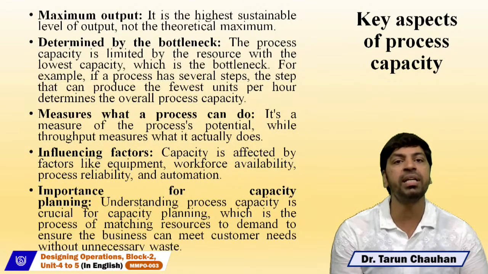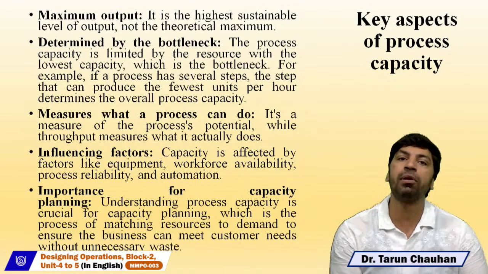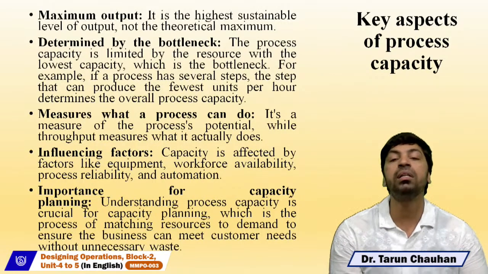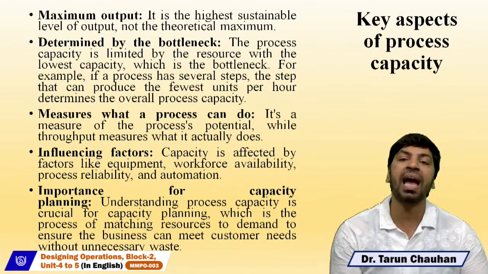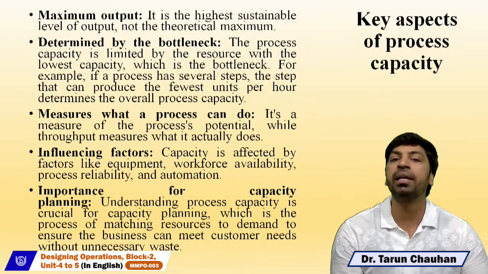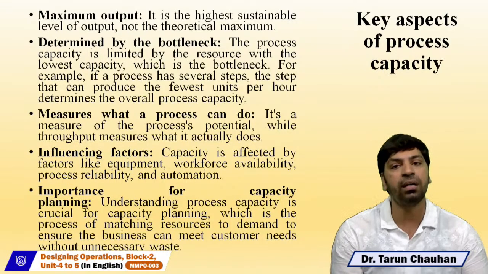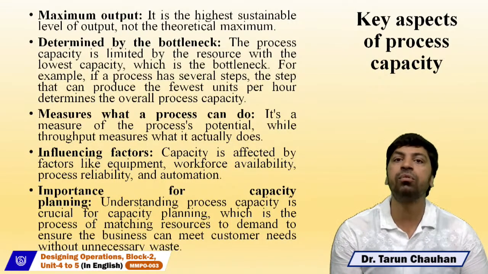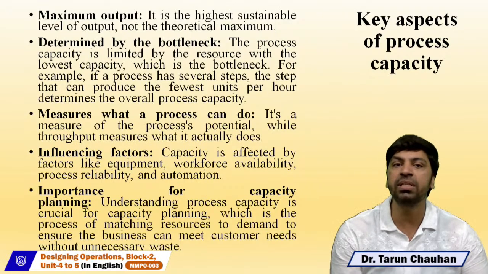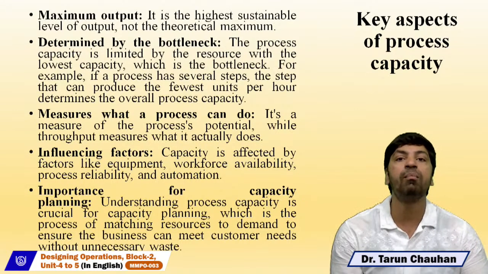The next one is that it is determined by the bottleneck, as the process has certain limitations by resources, and sometimes this slows down the process capacity, ultimately restricting the overall output. So the process capacity is limited by the resource with the lowest capacity, which is called the bottleneck.